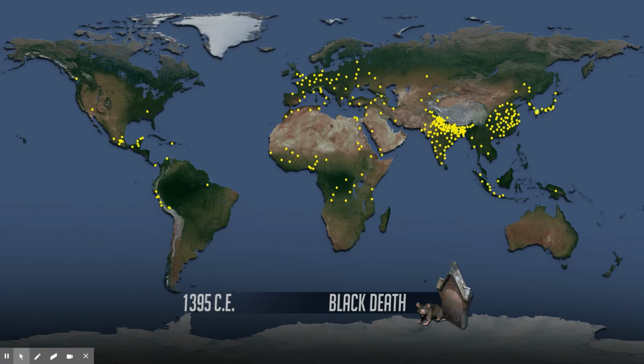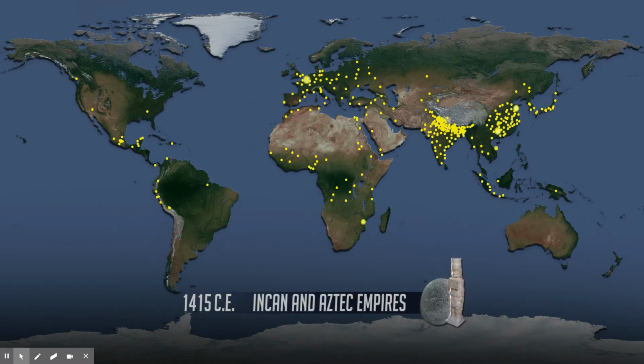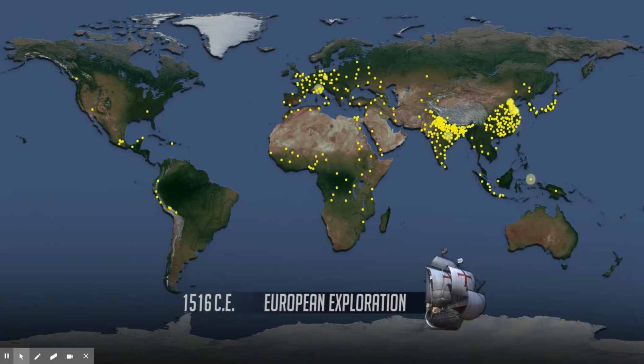So it's kind of amazing to see those dots disappear during the Black Plague. That was pretty significant. And now we're getting closer to that 1600 time.